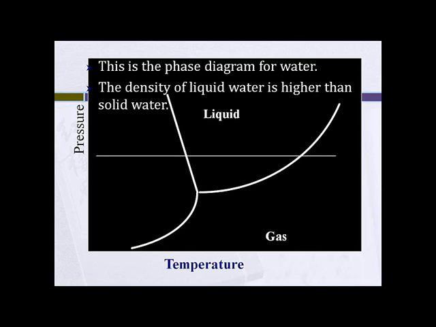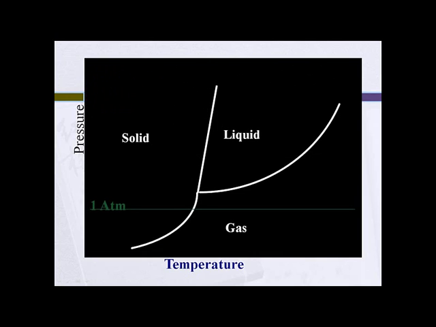The density of the liquid is higher than that of the solid. And notice that the slope of the liquid to solid interface is a negative value. In the case of carbon dioxide, it's a positive value because here the solid is more dense than the liquid.